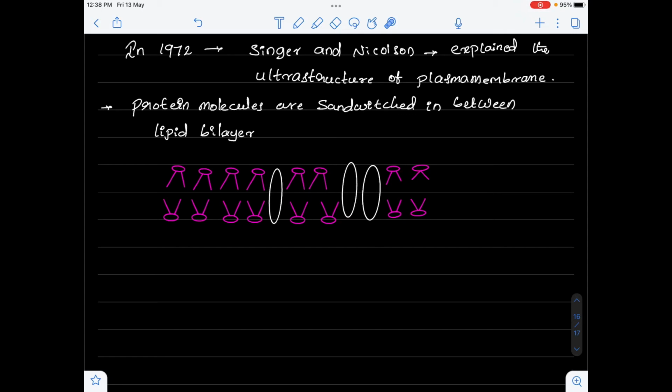Between these two lipid layers, protein molecules are embedded, and on the surface of the plasma membrane also protein molecules are embedded. Now let me label all these parts. This is one layer and this is the another layer of phospholipids. So these two layers of phospholipids is called phospholipid bilayer.